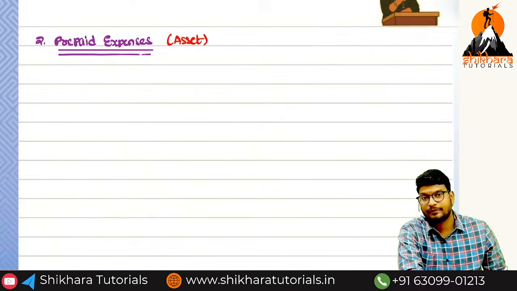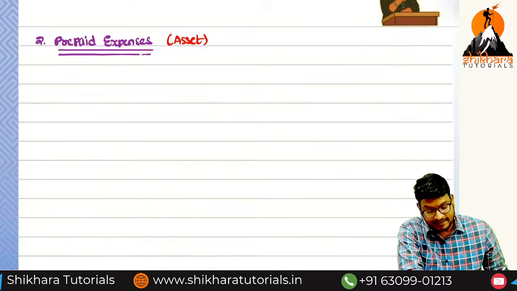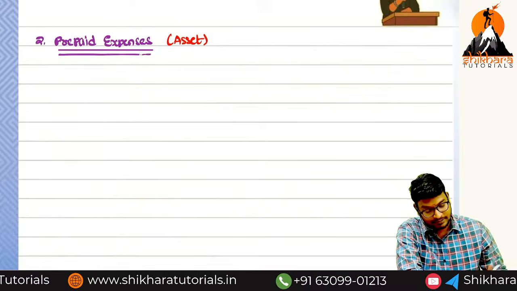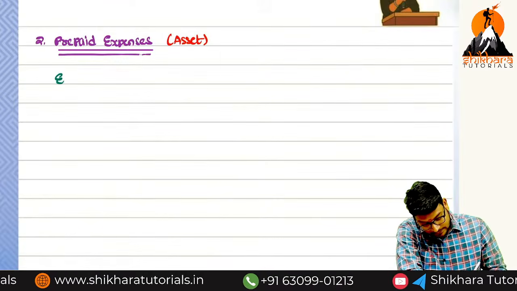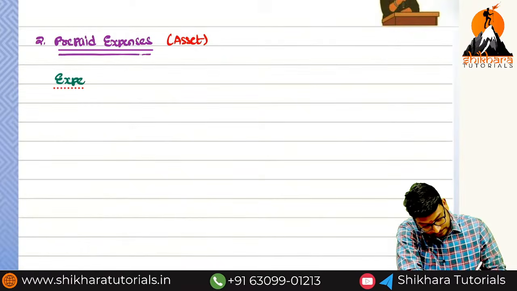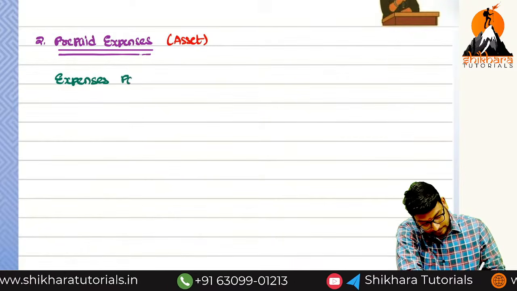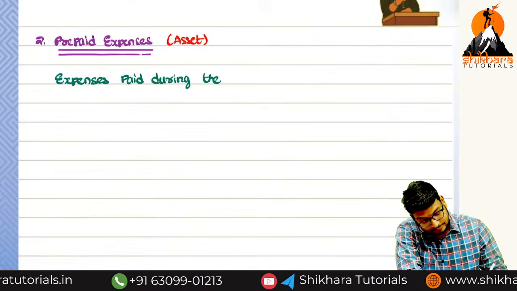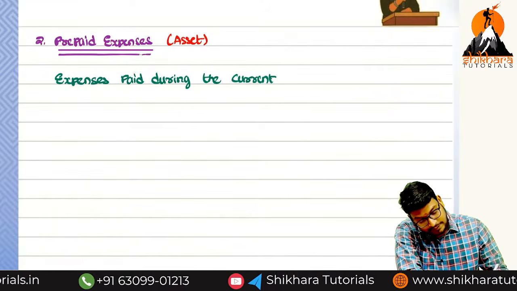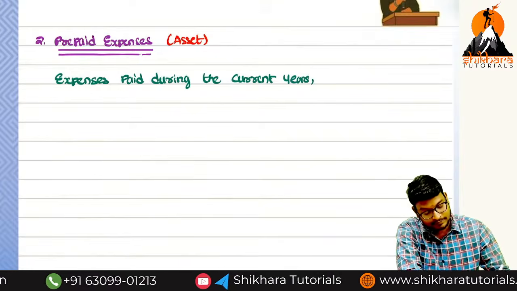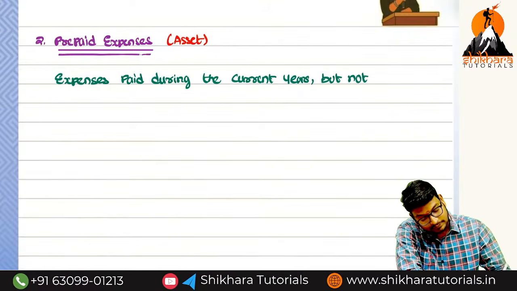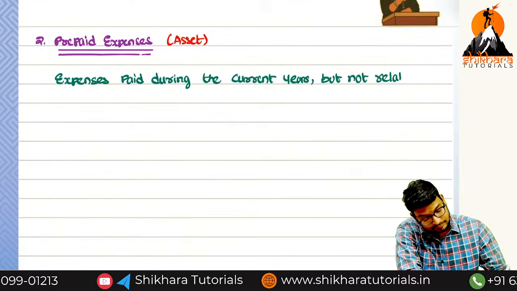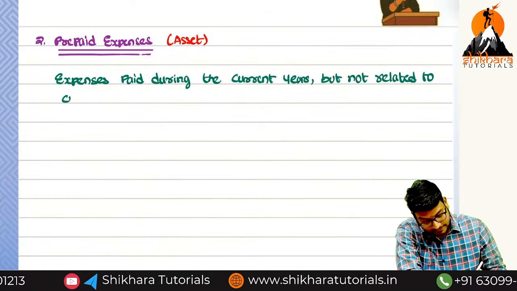Okay. What is the meaning of prepaid? Expenses paid which are not related to the current year. It is related to which year? Next year. So I am writing: expenses paid during the current year, but not related to the current year.